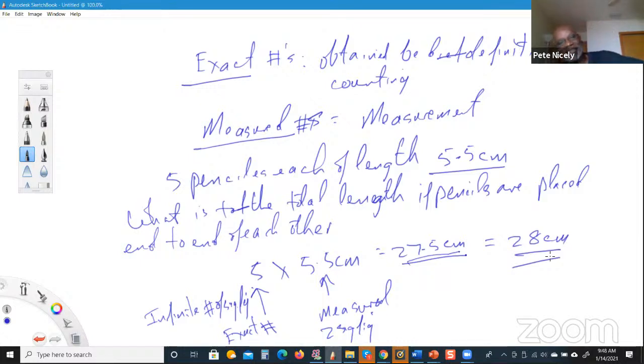So I'm just giving you these examples so that you know what to do when you're faced with a problem. And the key thing I would say when it comes to doing these problems is that, one, you have to identify which numbers are measured values and which numbers are not measured values, but are exact values, right? So you have to read the question and interpret it correctly in terms of the numbers involved.